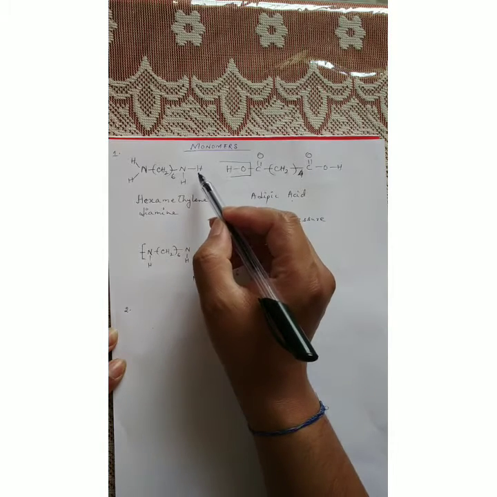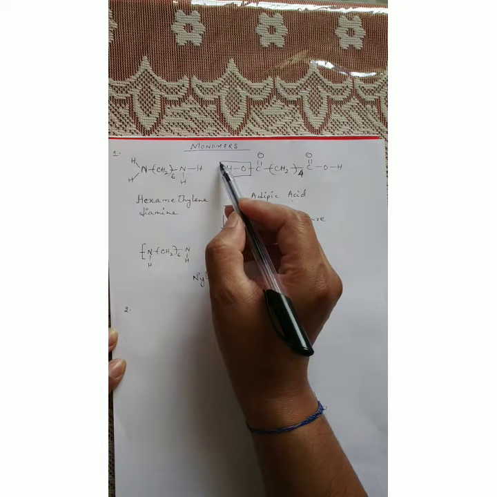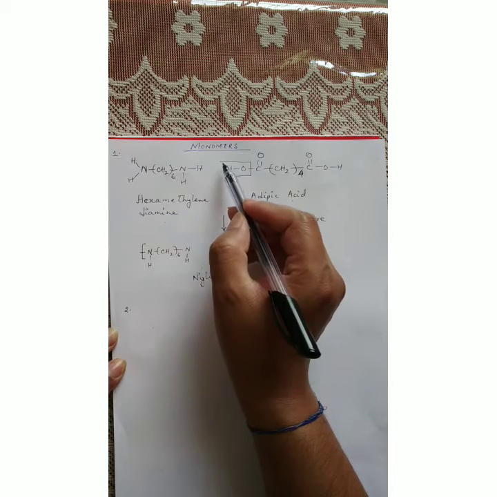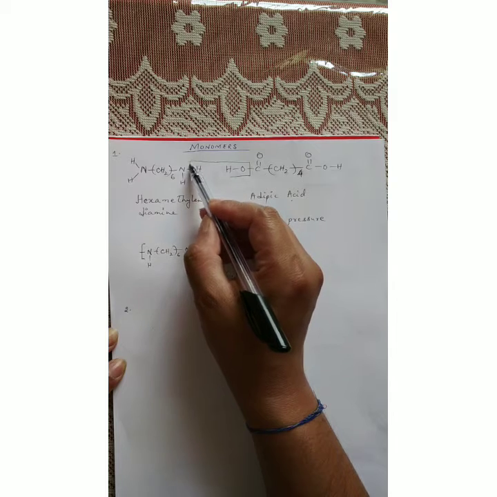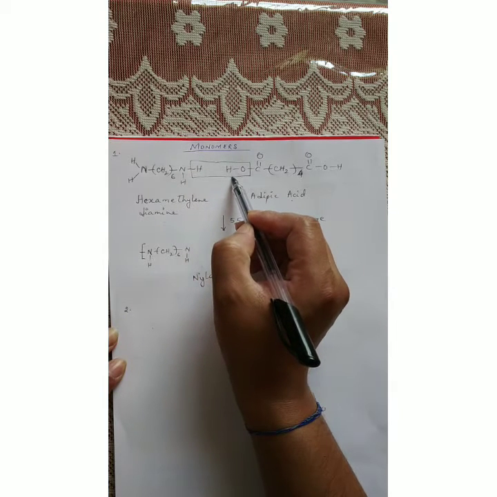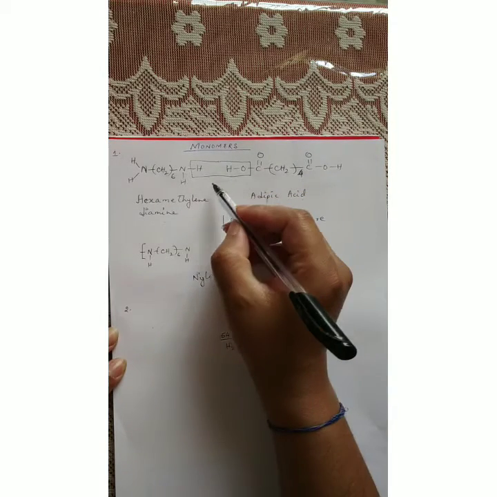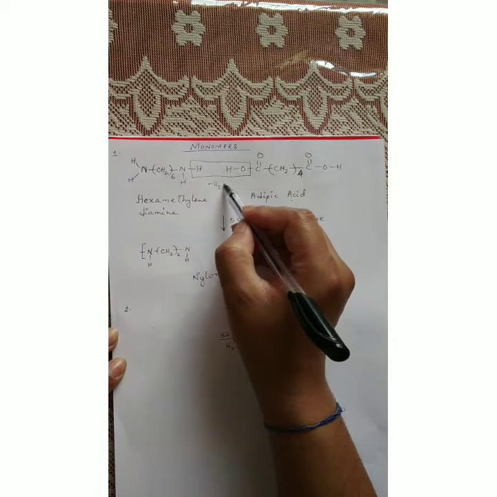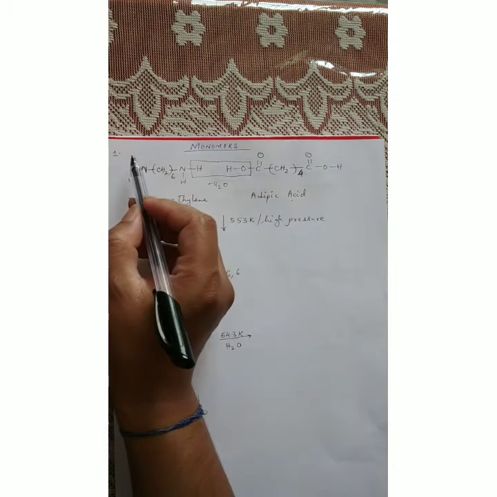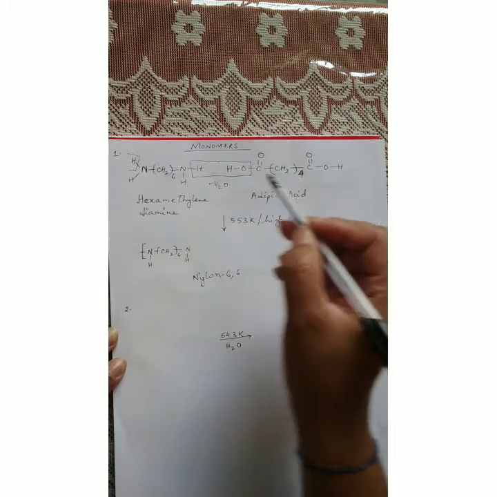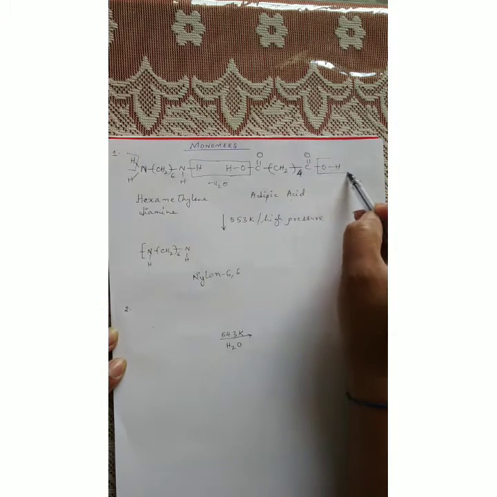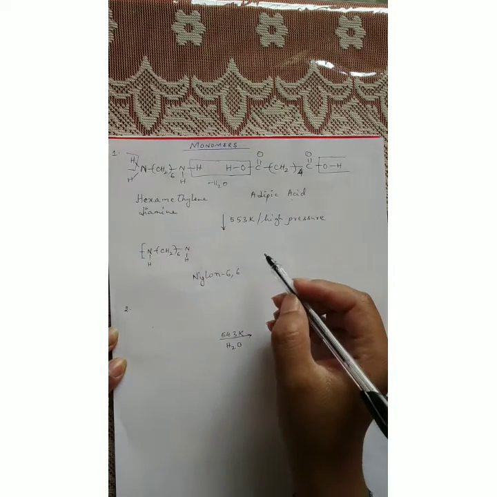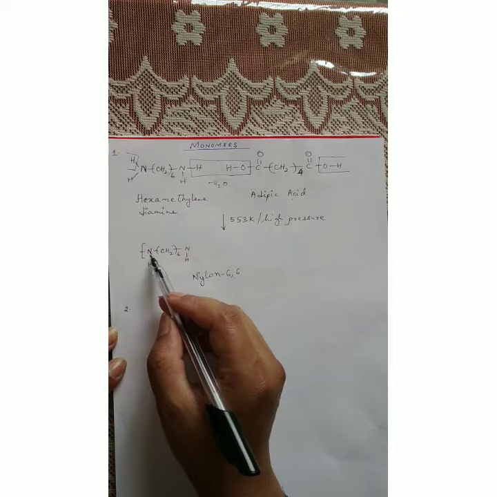Similarly, if you are eliminating OH from one of the structures, you have to eliminate H from the other structure. So you eliminate actually H2O, minus H2O. That means from this end also H will be eliminated, and from this end also H will be eliminated.